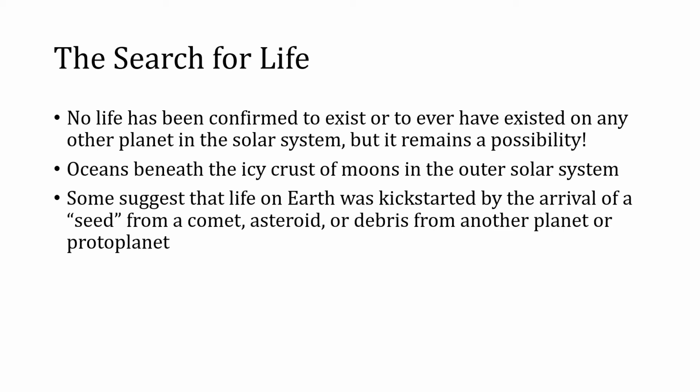That hasn't been verified. It's just an idea that's out there. So maybe Earth is the only planet that has life now, but maybe it didn't originate here. Maybe it came here from something else, like an asteroid or a comet.